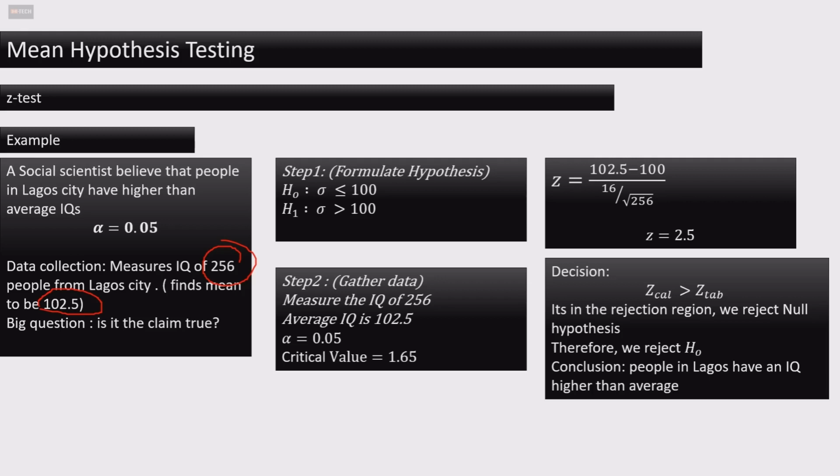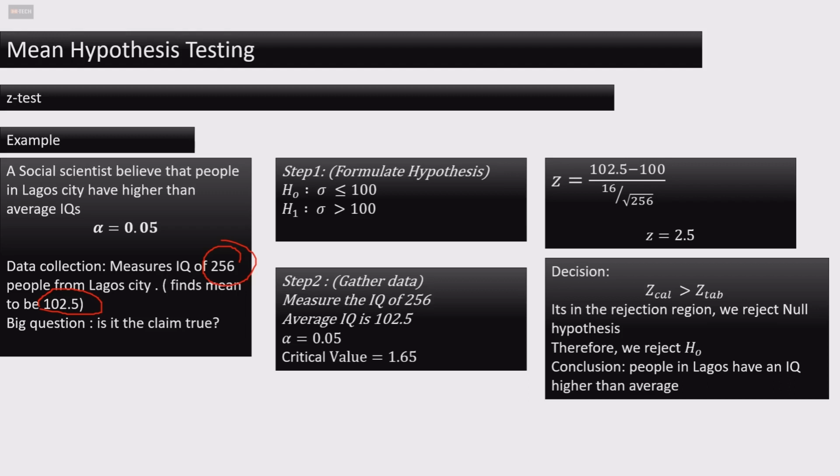Now remember his statistics, because it's 102.5, you don't say it's above average, therefore people in Lagos are smarter. No, we don't do that in statistics. What we do is first settle down and check if that difference is statistically significant. Is that okay? So the big question is, is the claim true?